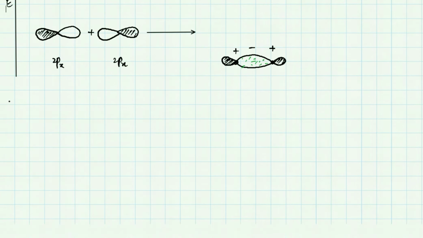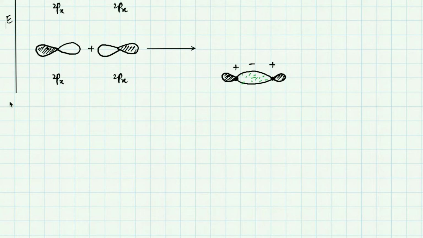Suppose this is the energy axis. Similarly for the p orbitals, py and pz orbitals, suppose we have one py orbital, the second py orbital. Suppose the two phases are shown this way.